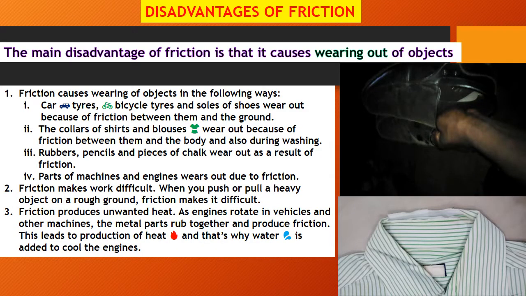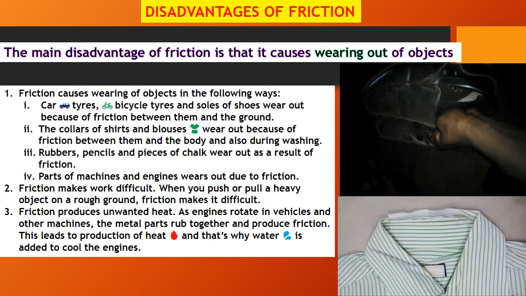Disadvantages of friction. The main disadvantage of friction is that it causes wearing out of objects. 1. Friction causes wearing of objects in the following ways. Car tires, bicycle tires and soles of shoes wear out because of friction between them and the ground.